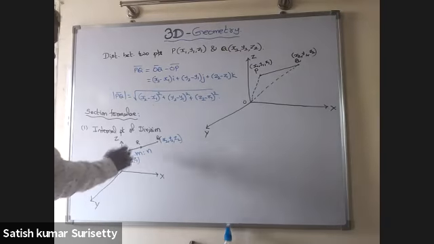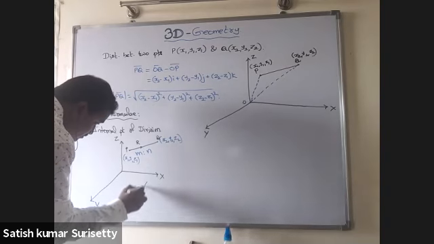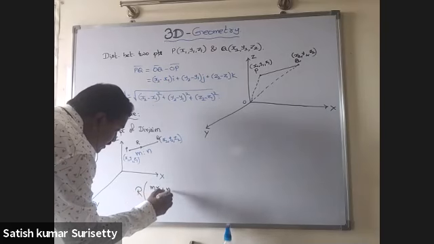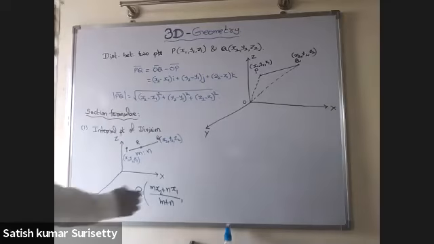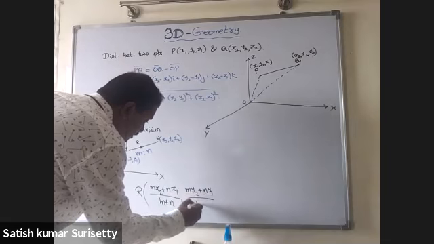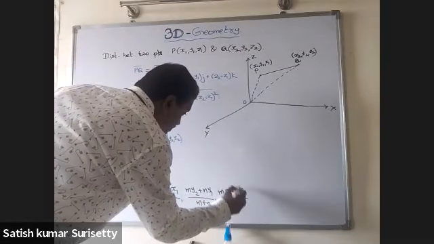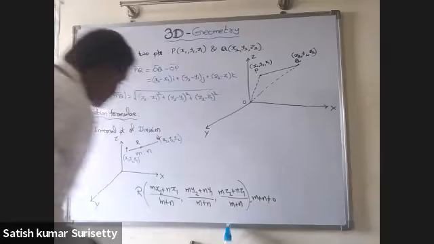The coordinates of the point which divides a line segment joining P x1 y1 z1 and Q x2 y2 z2 internally in the ratio of m is to n is mx2 plus nx1 upon m plus n, comma, my2 plus ny1 upon m plus n, comma, mz2 plus nz1 upon m plus n, where m plus n not equal to 0.